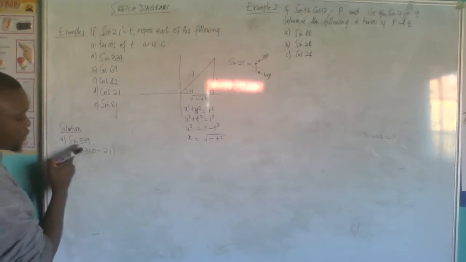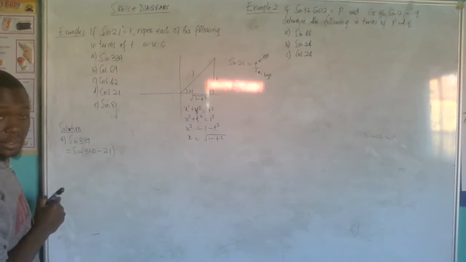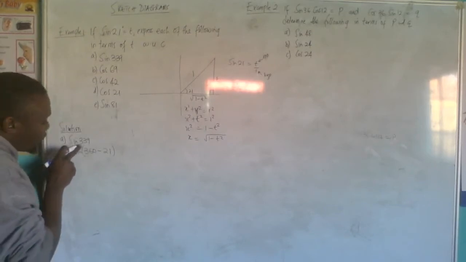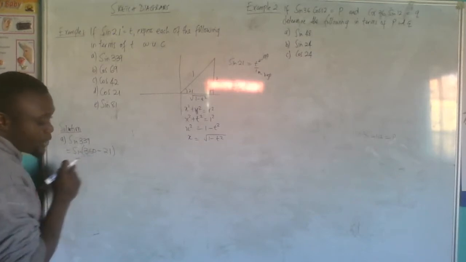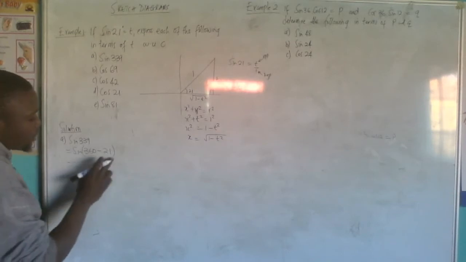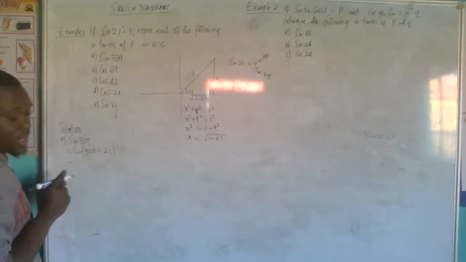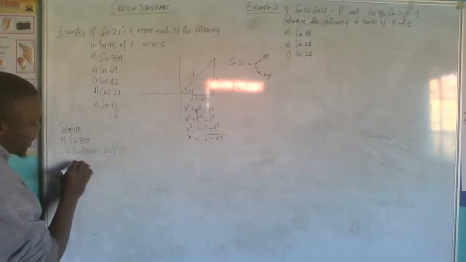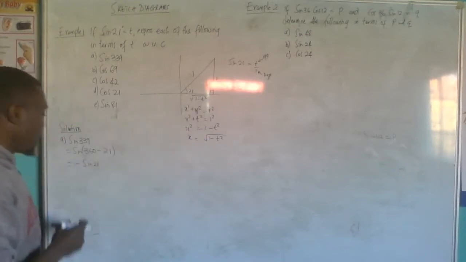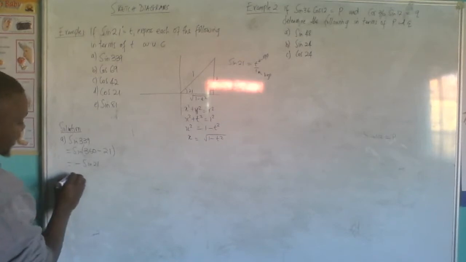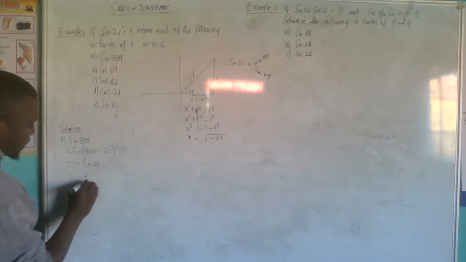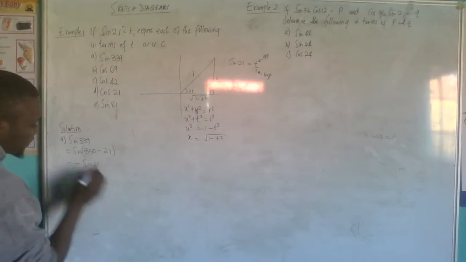So 360 minus 21, I'll get 339. So I have to reduce that angle. So if I reduce it, I'll reduce it to 360 minus 21. Because if I place this in the calculator, 360 minus 21, I have to get 339. So which gives me a minus sine 21, because in the fourth quadrant, sine is negative. Then from there, you know, sine 21 is t, so it will be minus t. And that's my answer.